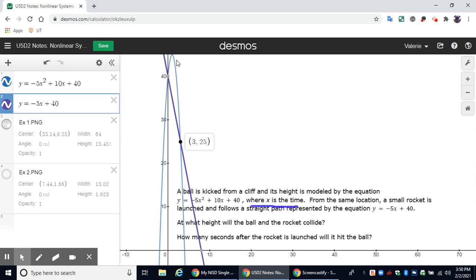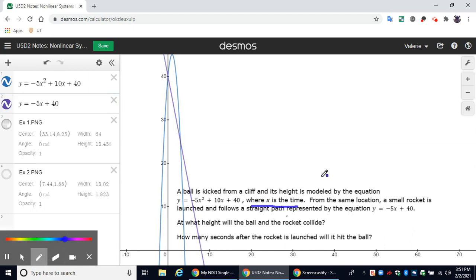So the height of the ball, the height of the rocket, that's all represented by the y value, and your time is represented by the x value. So when it's asking you at what height will the ball and the rocket collide, we're looking for the y value of the point of intersection. So that one is going to be 25.